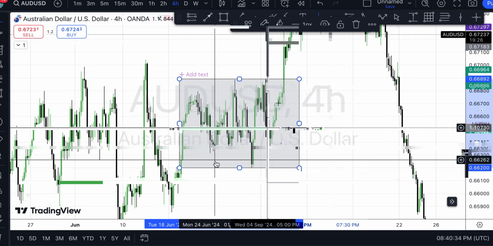So in summary, support is a price level where the price tends to bounce back up, while resistance is a price level where the price tends to reverse and move downward. Support and resistance levels are not exact prices, but rather a zone. They can help identify potential entry and exit points.